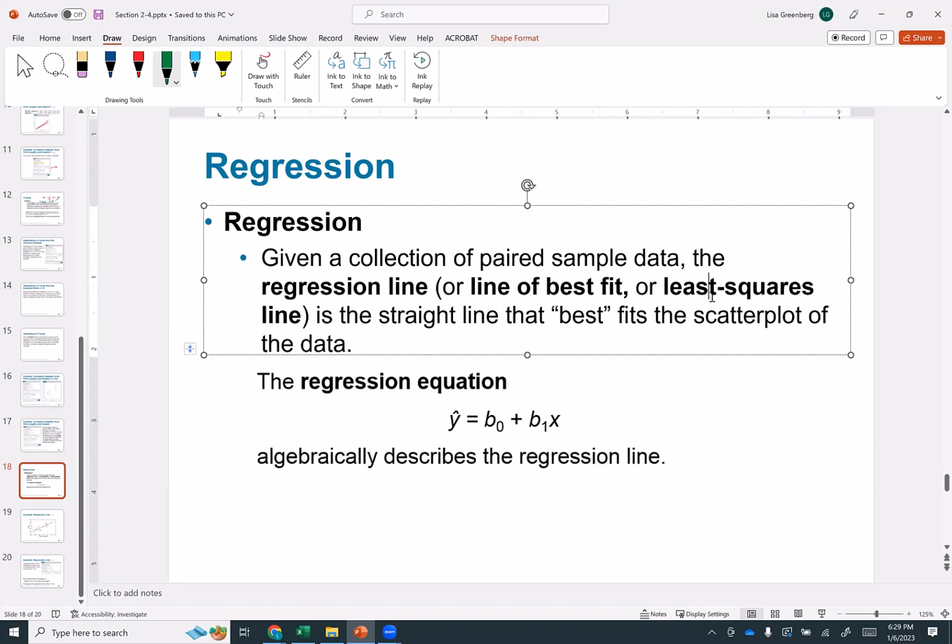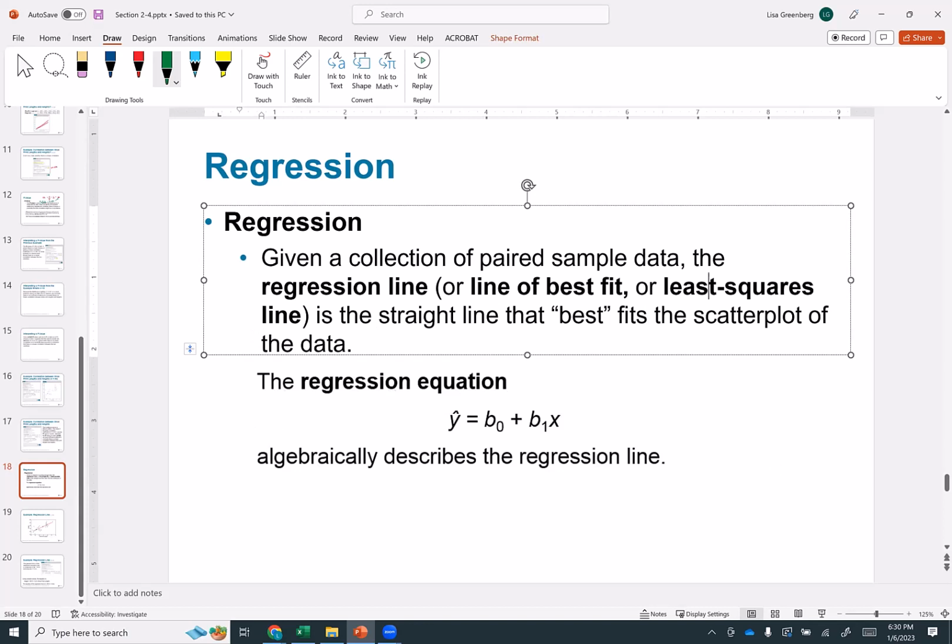So now I add up a bunch of positive values, and whichever has the least value would be the line of best fit, which we would call the regression line. And it's the straight line that best fits the scatter plot of the data.